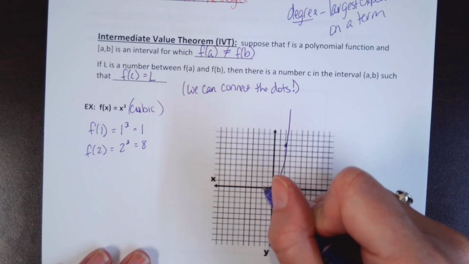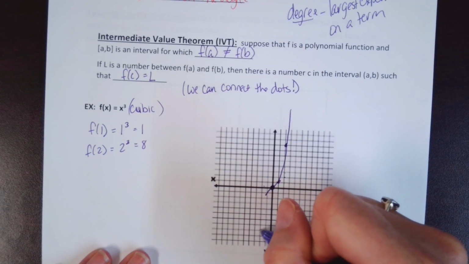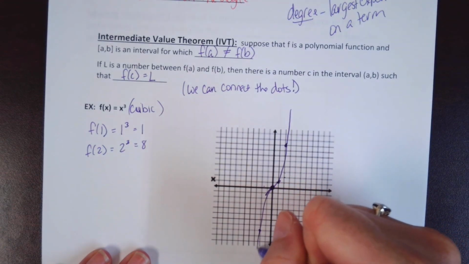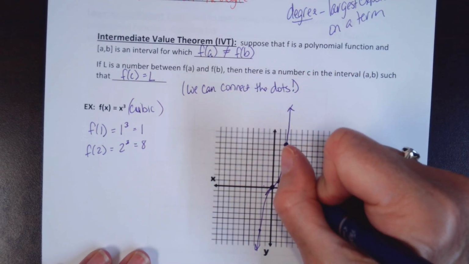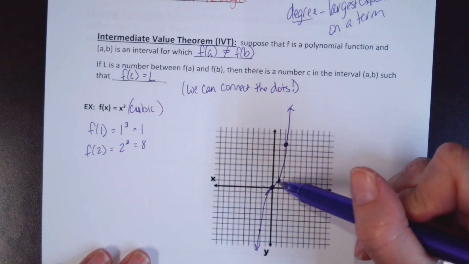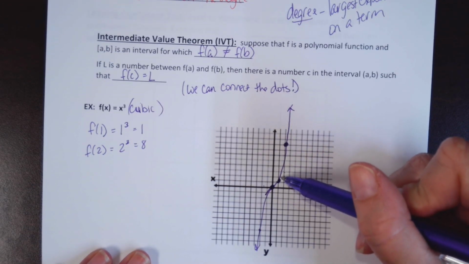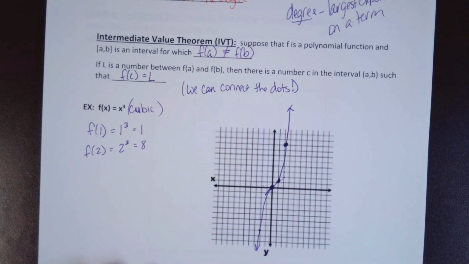Let's see, -2 would be -8. So the intermediate value theorem lets me connect those dots without having to find an infinite number of points in between.